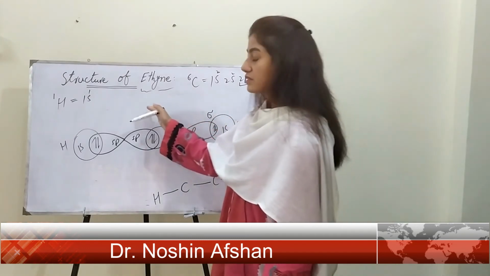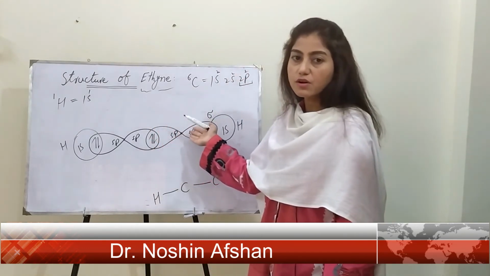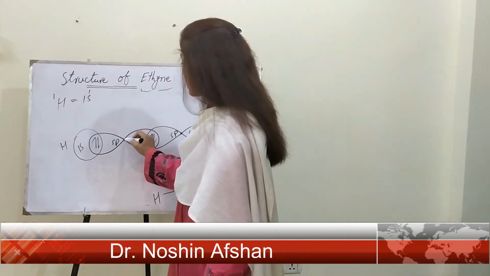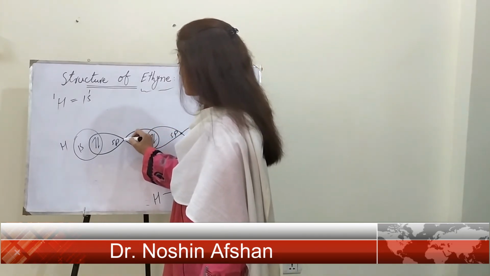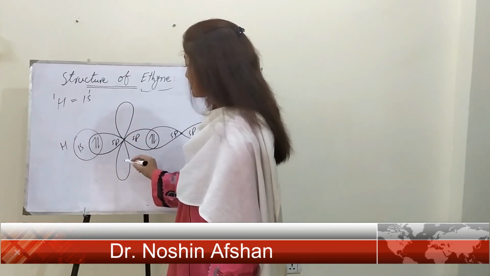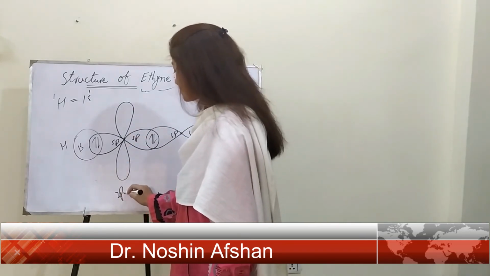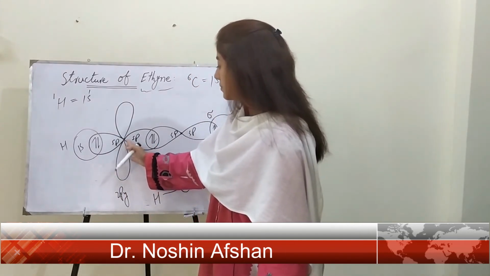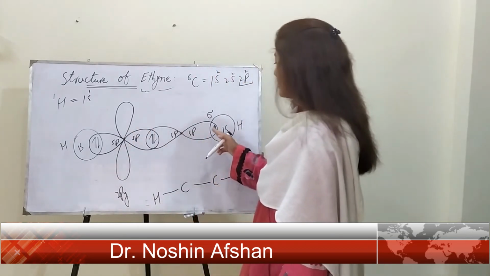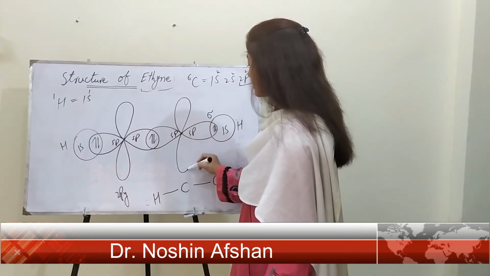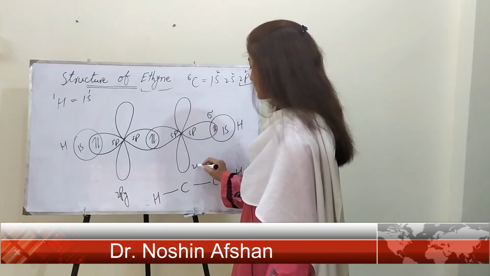Now if you look back to the electronic configuration of the carbon atoms, you would come to know that there were two unhybridized orbitals. The one was 2py. Here there is one 2py orbital of this carbon atom, and this carbon atom would also have an unhybridized 2py orbital.